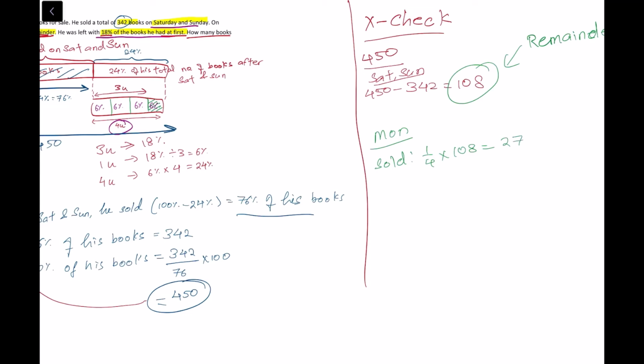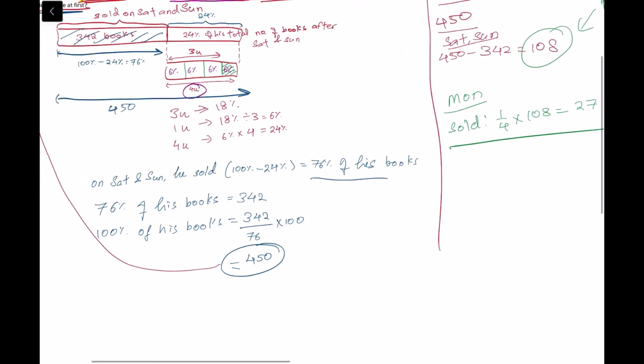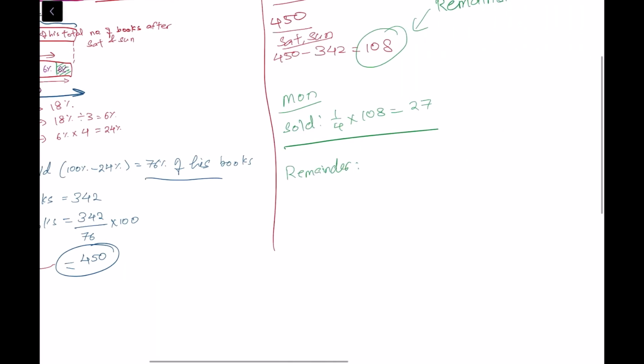So he sold 27 books, and the remainder he had left at the end after Monday was 3/4 of 108, or you can simply do 108 minus 27. It's the same thing, and that gives us 81.